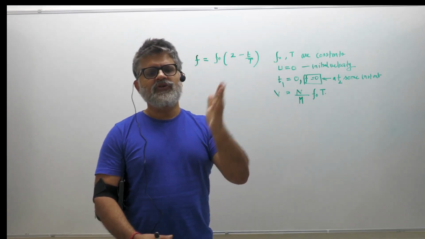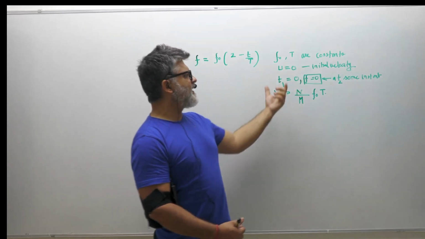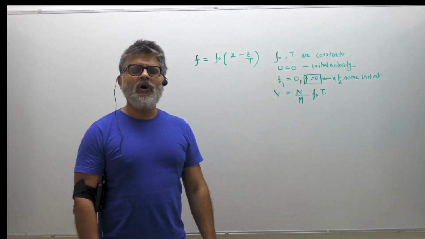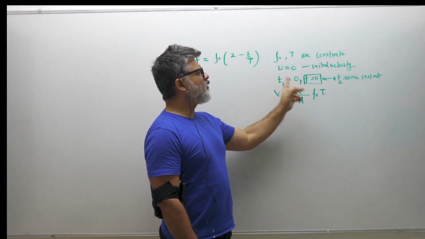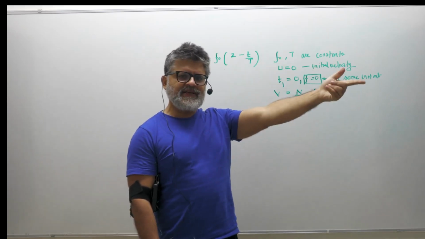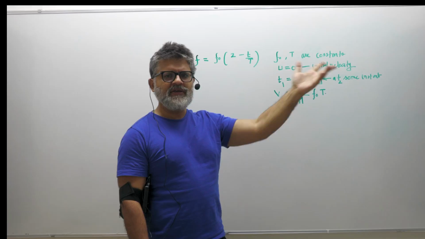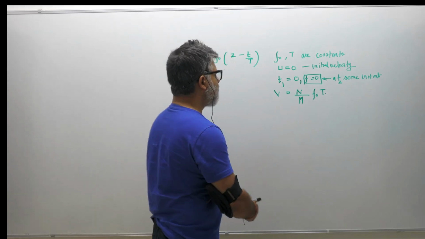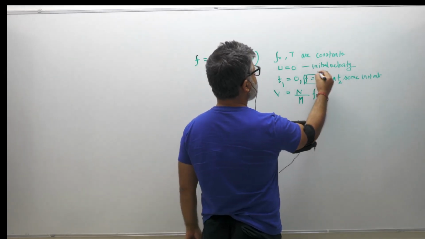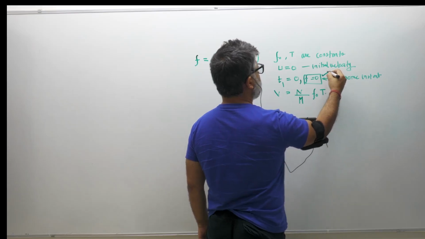We know a few things about the motion, that the initial velocity is zero. What we also know is that from t equal to zero to some time t, we don't know what the time is, the acceleration of the body is found to be zero.